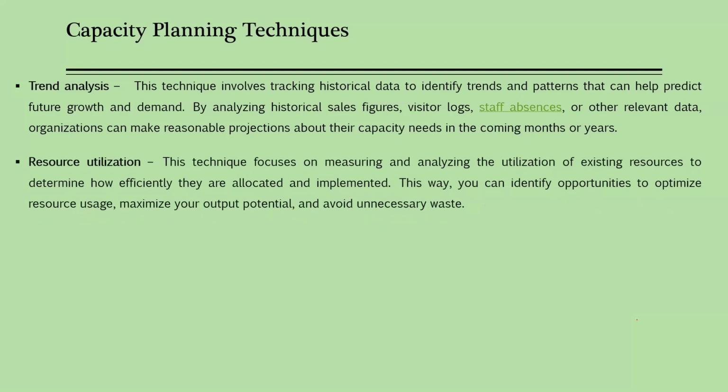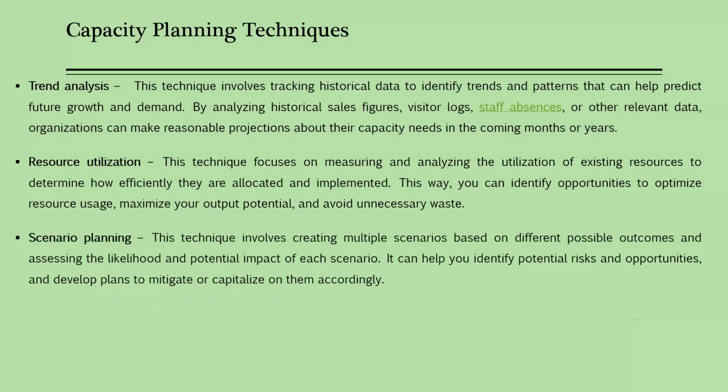Then the next one is resource utilization. These techniques focus on measuring and analyzing the utilization of existing resources to determine how efficiently they are allocated and implemented. So here we are going to focus on whether they have used the resources efficiently and effectively.